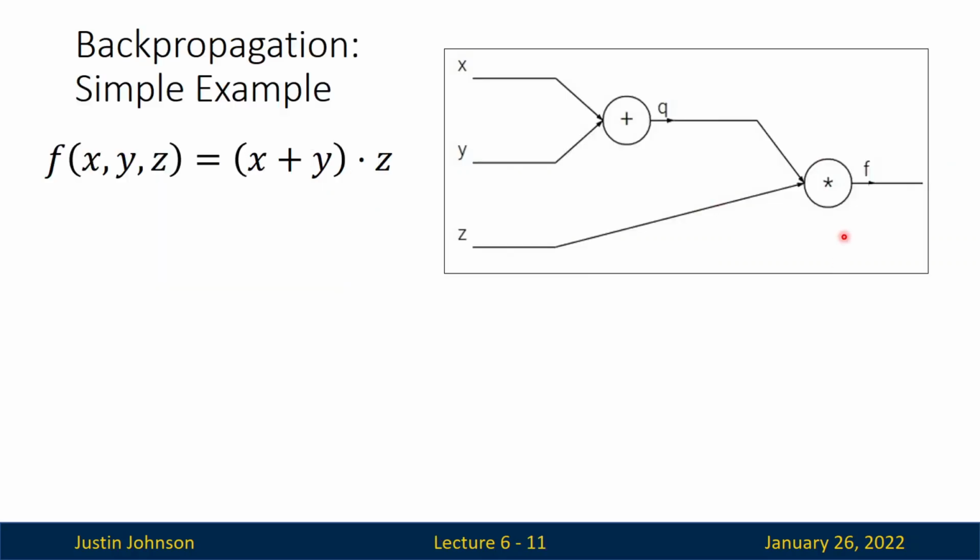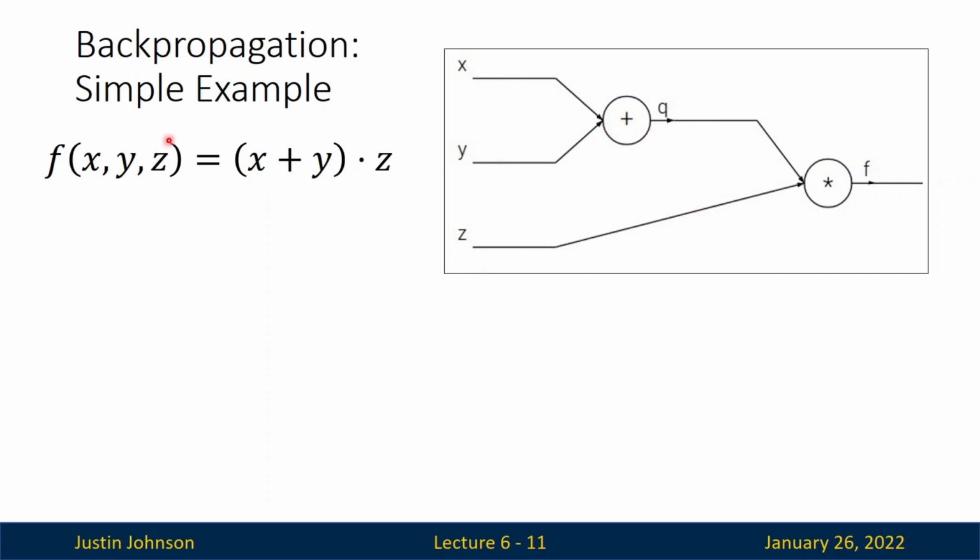Okay, so this is a very simple example. Suppose I just have three variables, x, y, and z, and the equation is (x plus y) times z. So I have x, I have y, and there is an addition operator. Suppose I use another variable q as the result of x plus y. And then there is z.